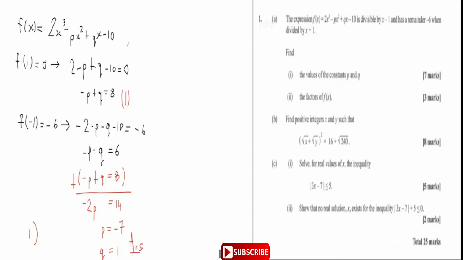Now part 2, of course, is going to ask us to factorize. All right, so let's go ahead and do part 2. For part 2, factorize f of x. Since we know what P and Q is, we can rewrite f of x now as f of x is equal to 2x cubed.